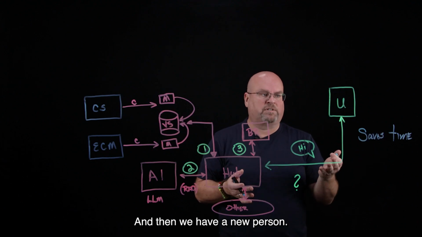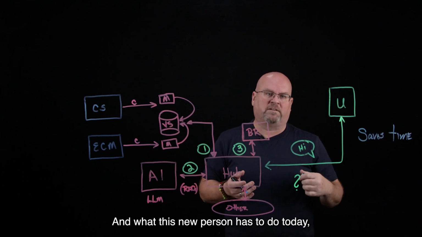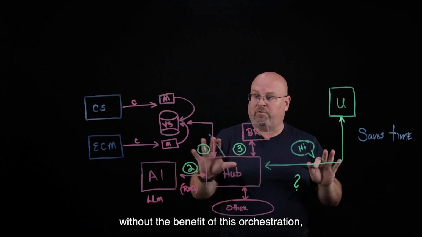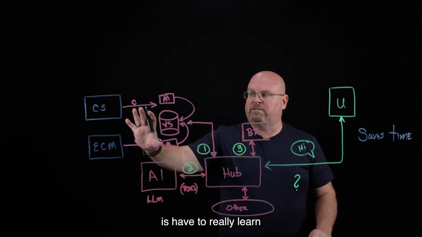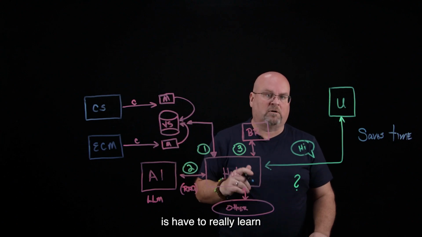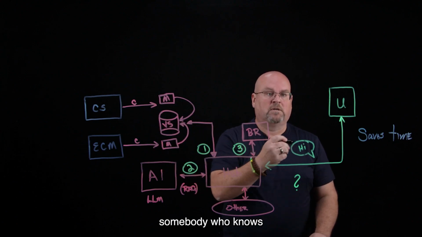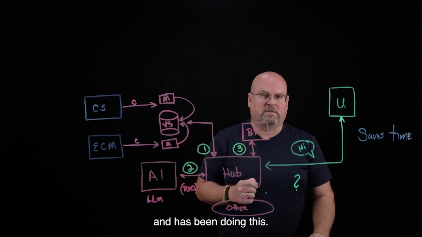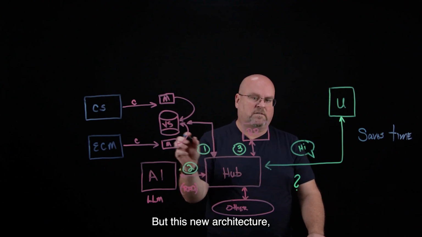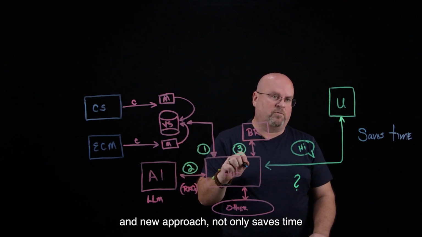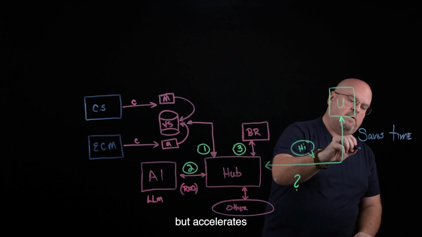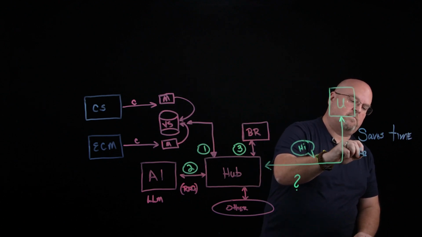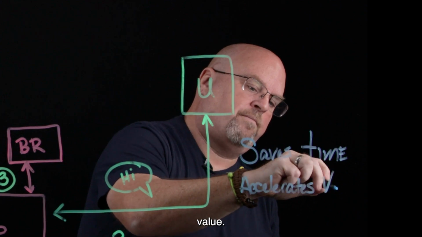And then we have a new person, and what this new person has to do today without the benefit of this orchestration is really learn and apprentice under somebody who knows and has been doing this. But this new architecture and new approach not only saves time, but accelerates value.